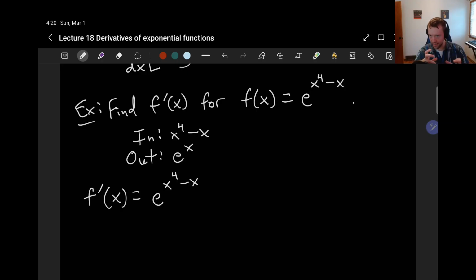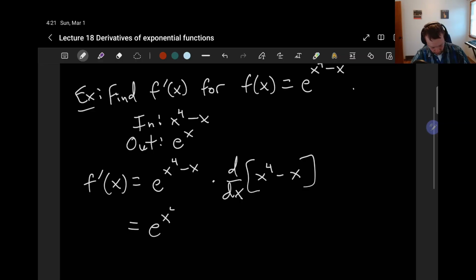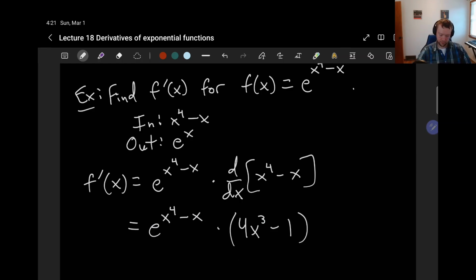So I'm not yet touching the x to the 4 minus x, but just stringing it along. So I've taken the derivative of this outside function. It's just this thing itself. Then times the derivative of the inside, or in this case, what we have in the exponent. And that's it.